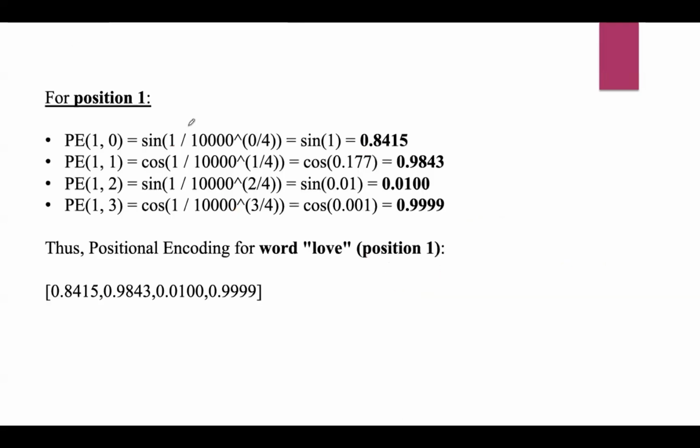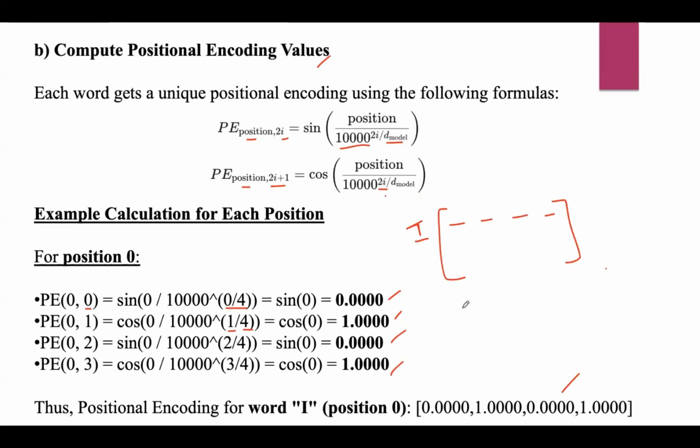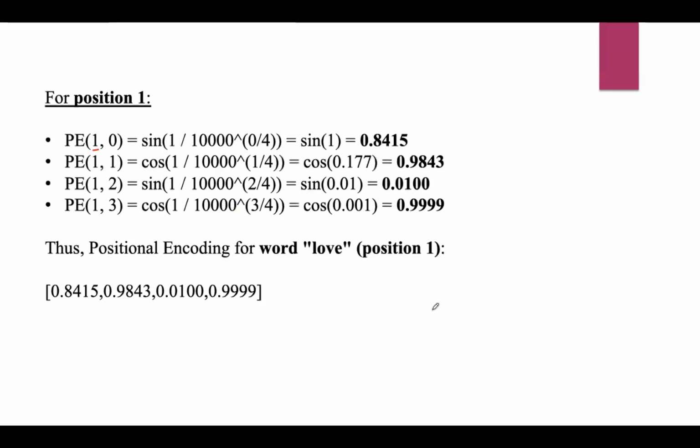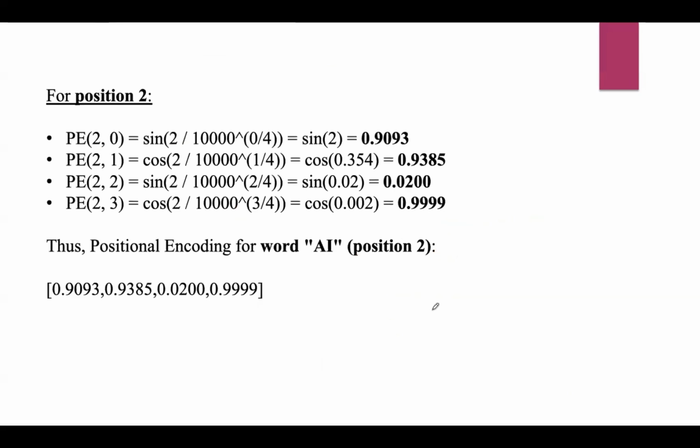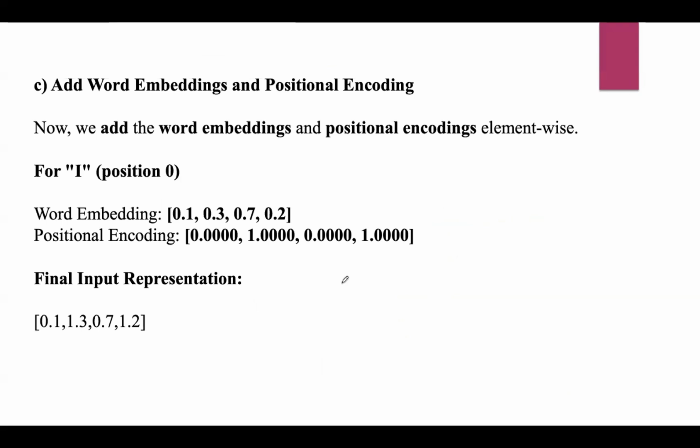For position 1, you can do the same thing in order to get the second row: 1,0, 1,1, 1,2, and 1,3. Then 2,0, 2,1, 2,2, 2,3. In that way, we are getting the complete positional encoding matrix for all 3 words. This is the positional encoding part. This is for position 2, and we'll use the same approach.